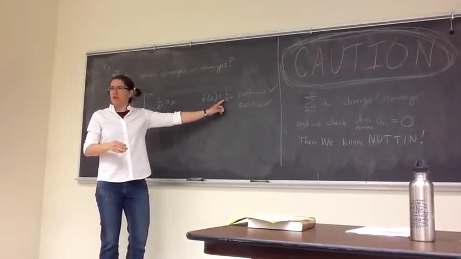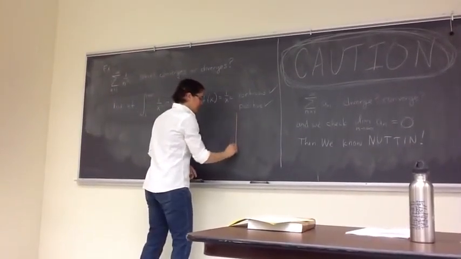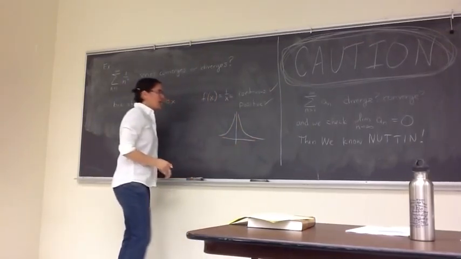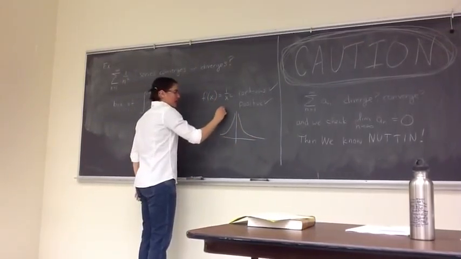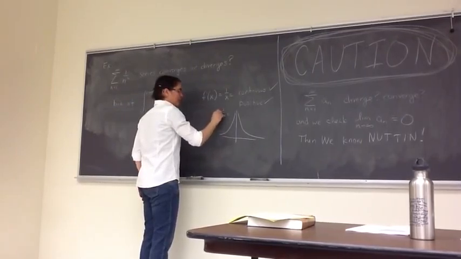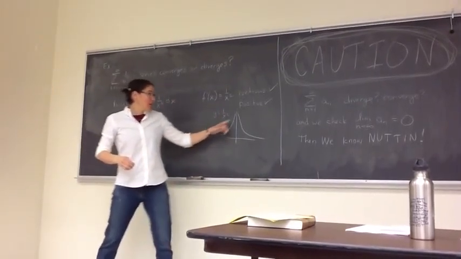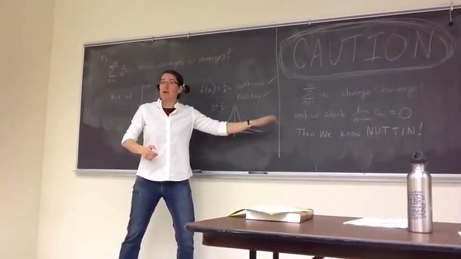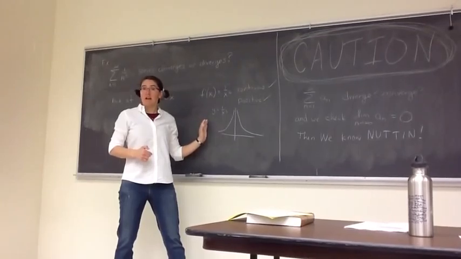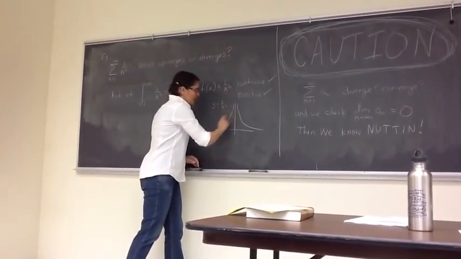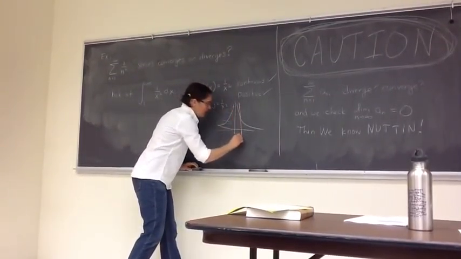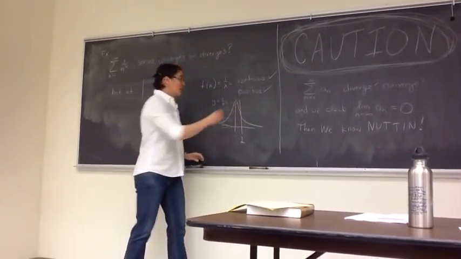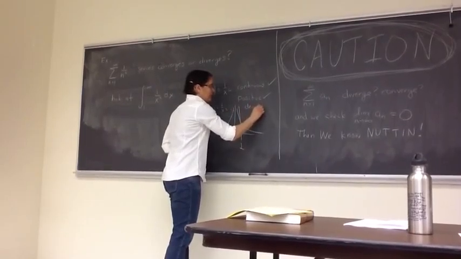So if I draw a picture of this function, here's a picture of f of x equals 1 over x squared. Now, it looks like, from the y-axis and over, our function is going downhill. The left-hand side is not a decreasing function, but I don't actually care about that left side. I only care about from x equal to 1 and on. And from x equal to 1 and on, our function is decreasing.